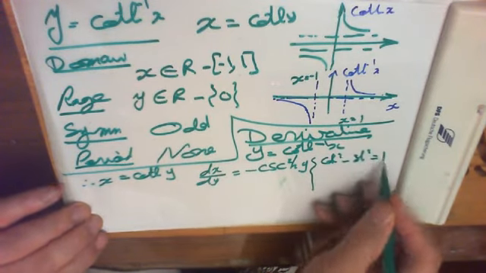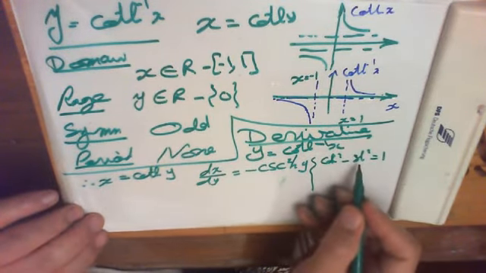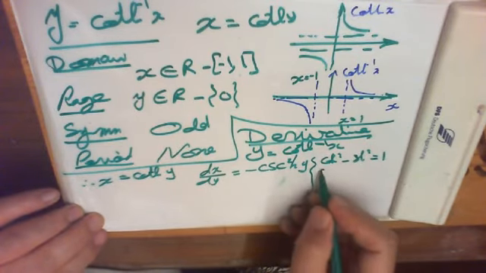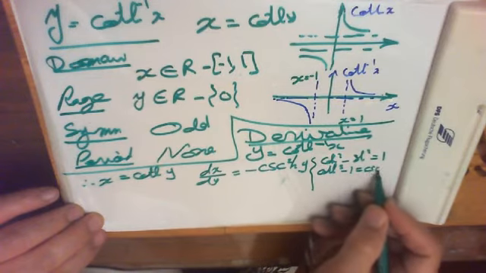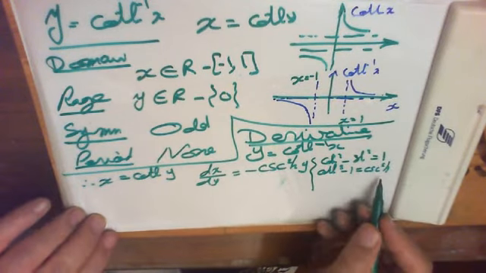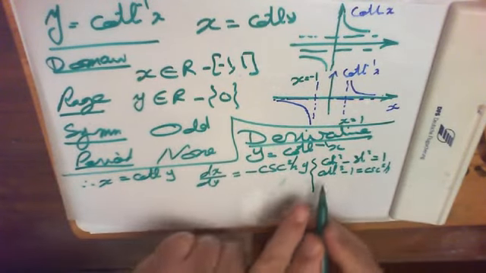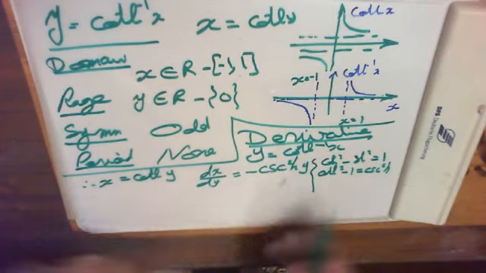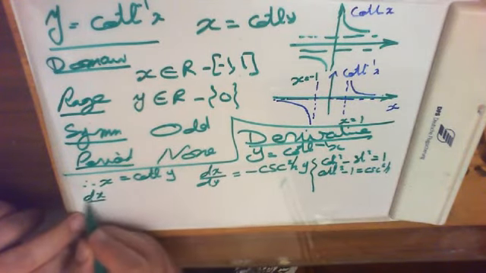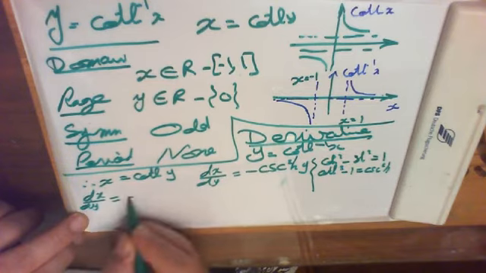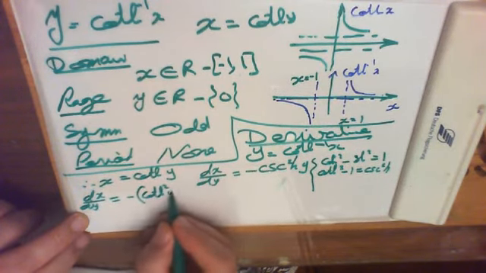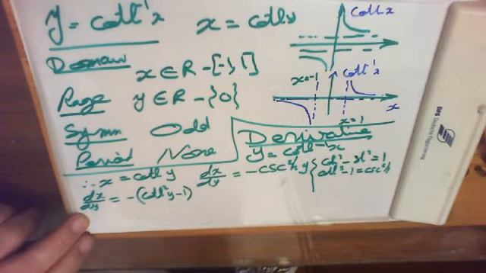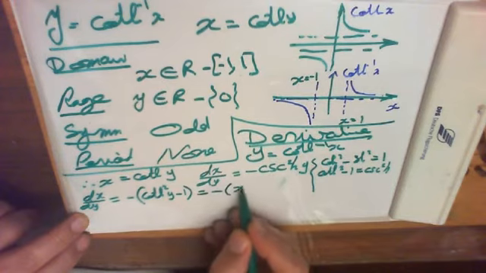If we divide both sides by sinh squared, we have coth squared minus 1 equals csch squared. So we can replace csch squared by coth squared minus 1. So dx by dy is minus the quantity coth squared y minus 1. But coth y is x, so it is minus x squared minus 1.